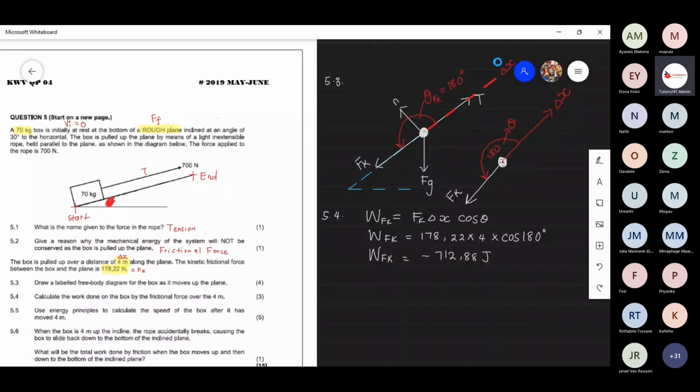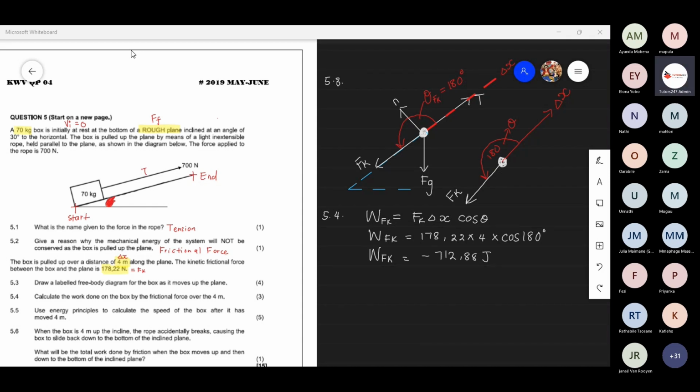So we have now calculated the work done by frictional force. How we did that was we substituted the magnitude of our frictional force times our displacement of our object times cos of theta. Now our theta value is the angle between our displacement and our kinetic frictional force.